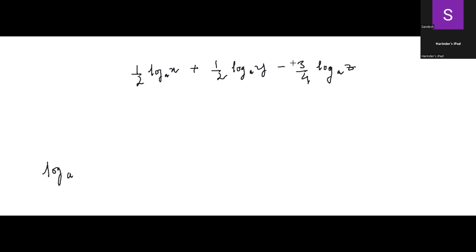Okay, here's a question for you. 1/2 log a of x plus 1/2 log a of y minus 3/4 log a of z. And I want the final answer to have this form, log base a of something.